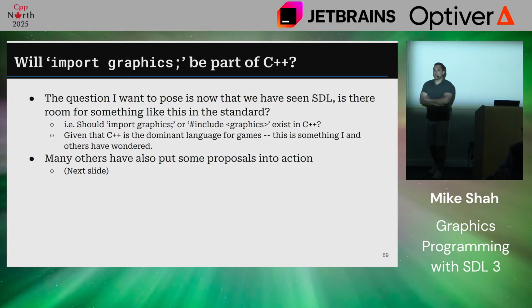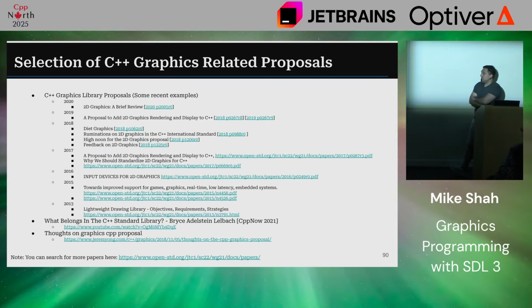And maybe it is worth looking at some of these libraries like SDL and seeing what is the common functionality. Like in C, there is a non-standard graphics.h, basically, that you can include and just put pixels. I'll be curious to hear your thoughts, because there have been papers, at least from 2013 to 2020. You don't have to read these, but these are all the ones I could find on different graphics proposals for C++.